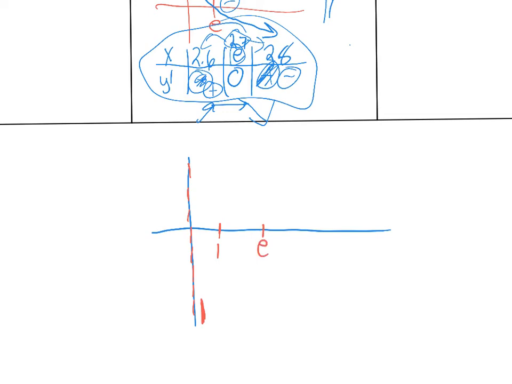There was a maximum, and I also knew there was a horizontal asymptote at y equals 0. So it goes up, like so, to there, and comes down, like so. That's what the graph looks like.